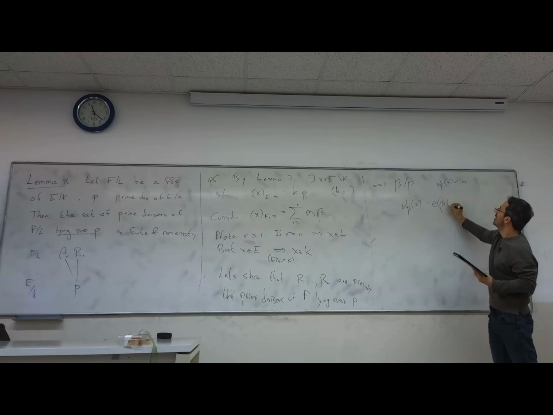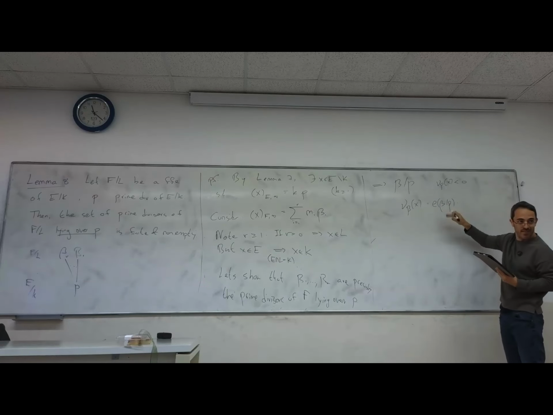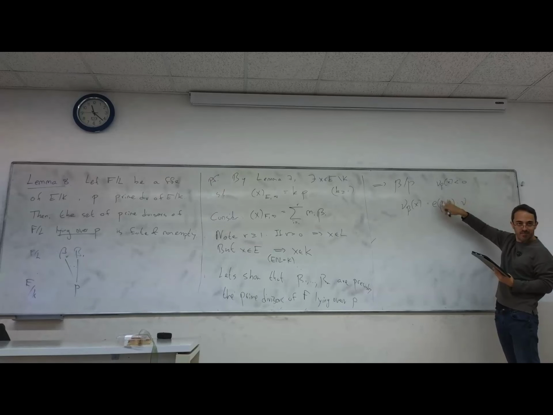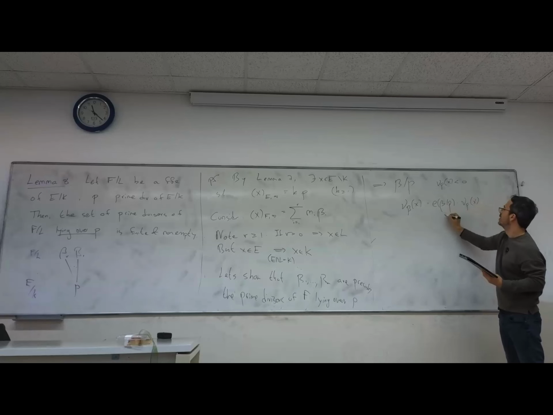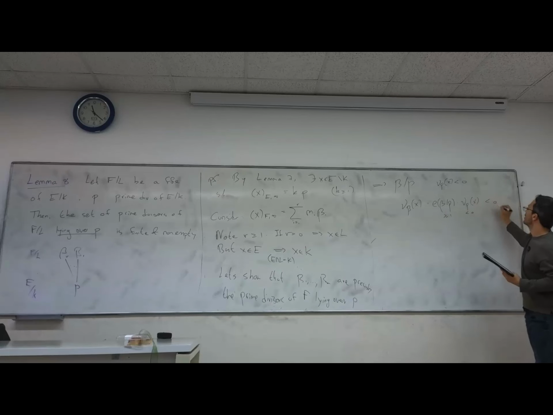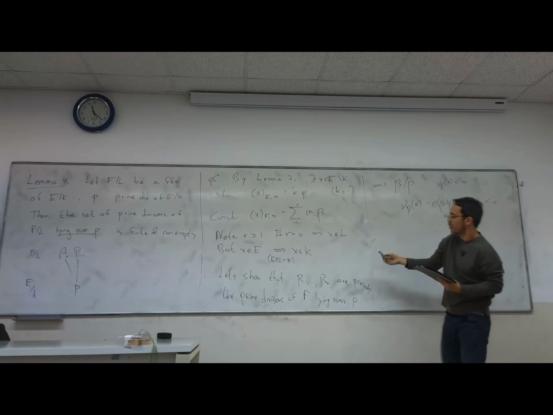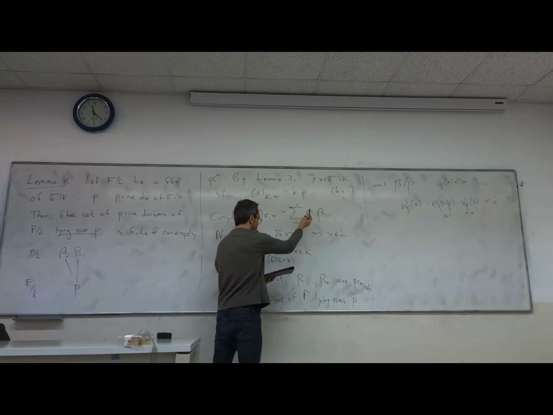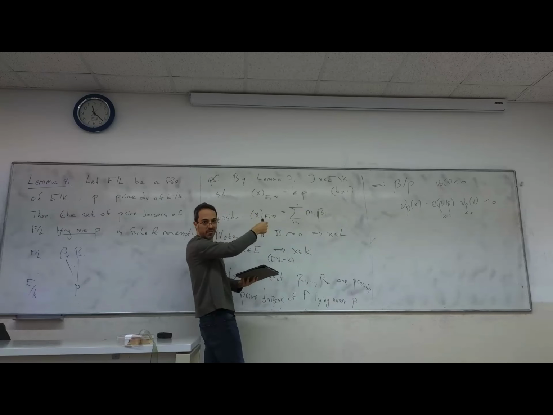Exactly. So you look at the valuation index, which is a non-negative number, so just 1, because that's like the extension of groups in somewhere. So that's positive, that's negative, so that's negative. Right, so this means that P is one of the P_i's, because the P_i's are precisely those prime divisors of F such that v_P of X is negative.